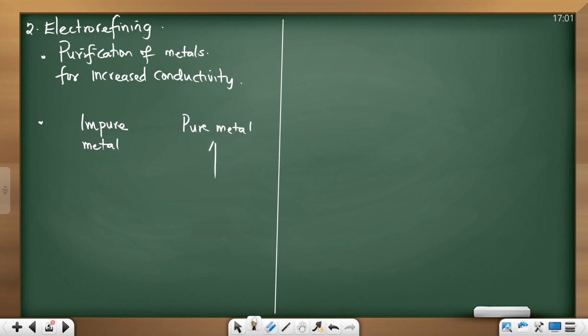The pure metal should be the cathode, and the impure metal should be the anode. We want to see the pure thing on the pure metal, so at the cathode.